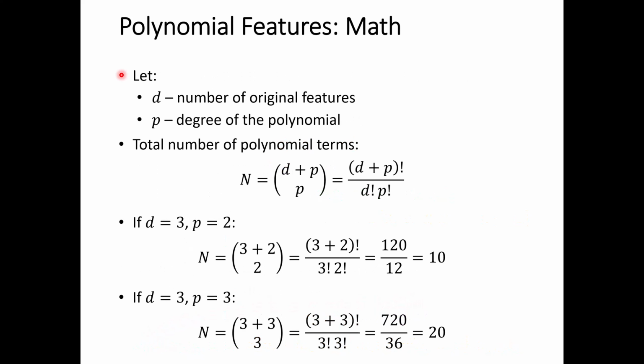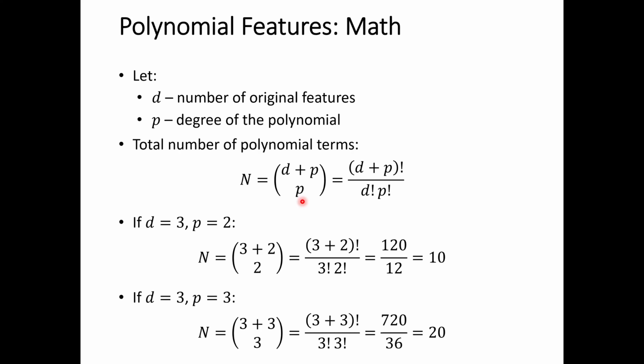We can calculate the total number of polynomial terms. Let d be the number of original features, p be the degree of the polynomial. Then the total number of polynomial terms is given by the formula n equals d plus p choose p. That's the binomial coefficient, which represents the number of ways to choose p elements from a total of d plus p elements.